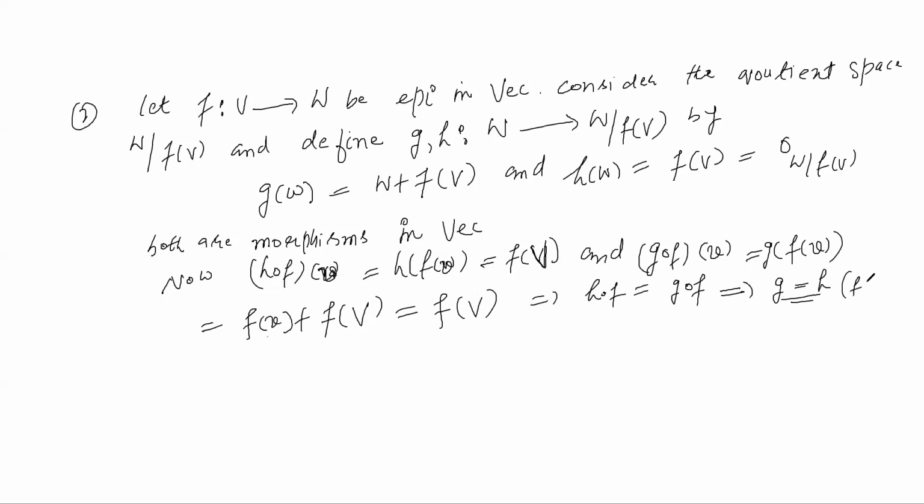This is because f is an epimorphism. But h is the zero transformation, therefore g must also be the zero transformation.